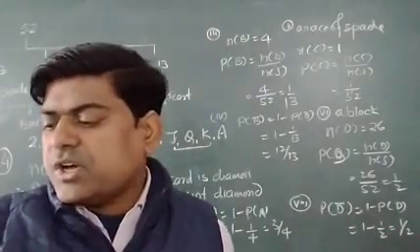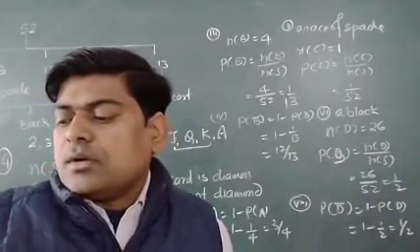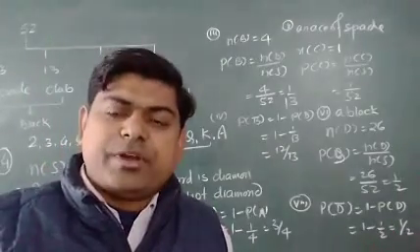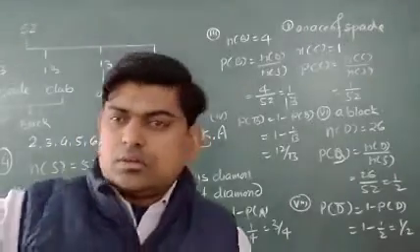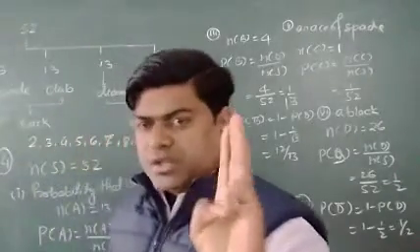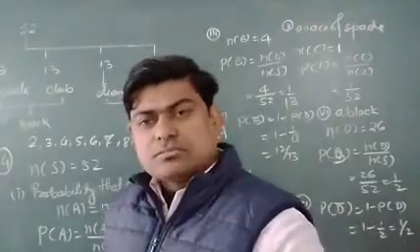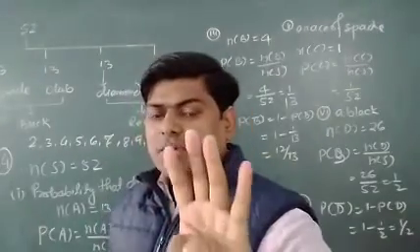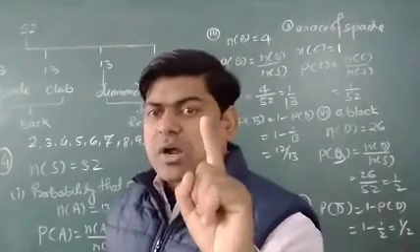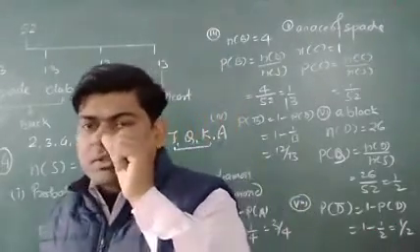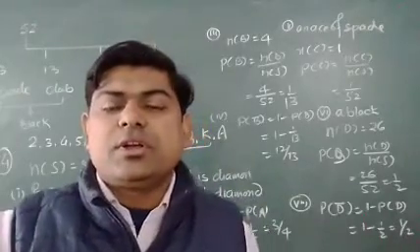The next one is there, 10 or spade. There are 13 cards in spade and 4 cards which are 10. So 13 plus 4 is 17, but one card is common in both. So I think the favorable outcomes will be there.